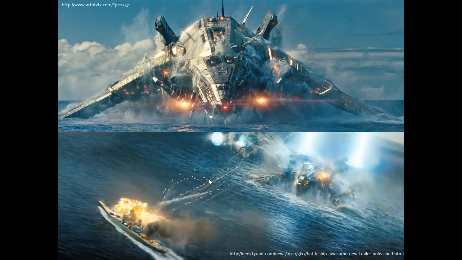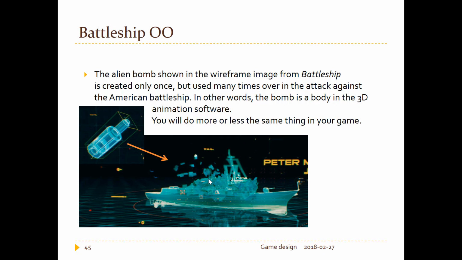Very impressive. So you have the bomb here, and the bomb is just created once, but it's used many times over in the attack towards the battleship here. So the bomb is a body in the 3D animation software, and you will do more or less the same thing in your game.